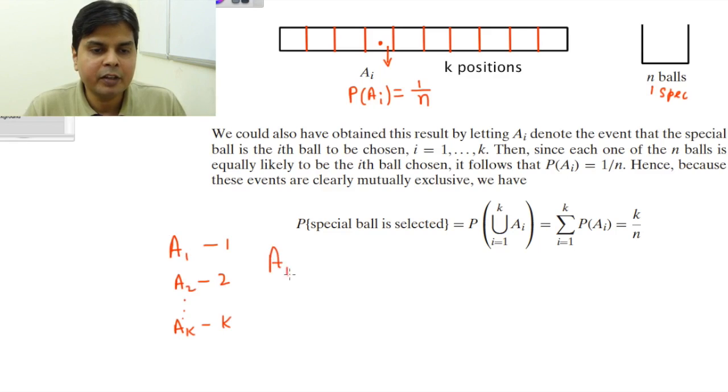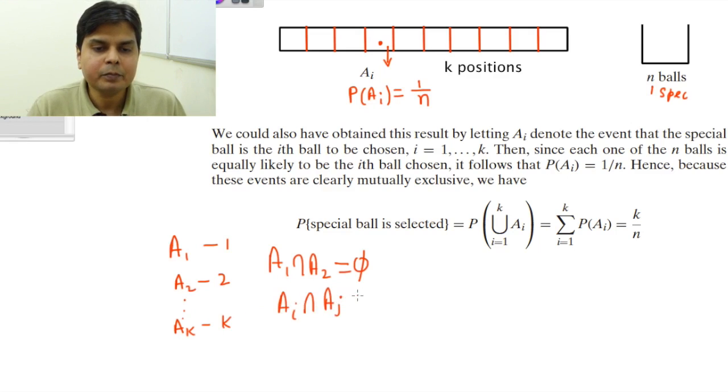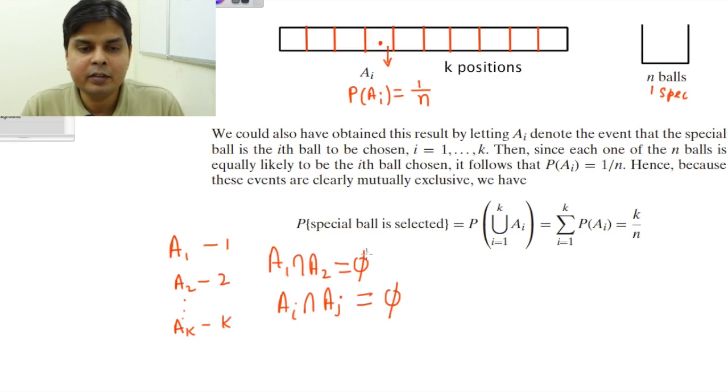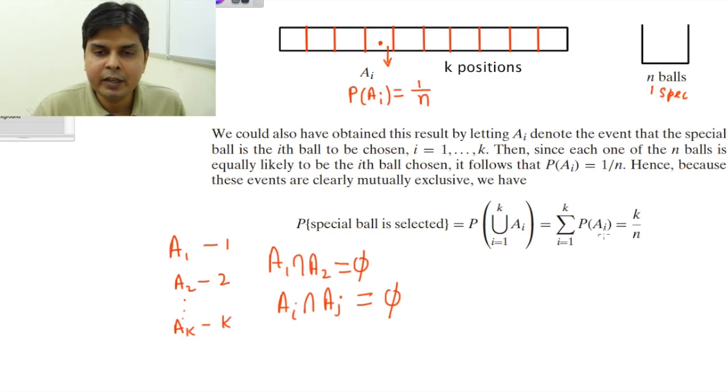So A1 intersection A2 has to be phi. Similarly for all the Ai's, any Ai intersection Aj has to be phi, because Ai means that the special ball is in the ith position. So the moment the ball is here, it cannot be anywhere else. Since these are disjoint events, the total probability will be the sum of each individual event. So the probability of the union of Ai will be the sum of the probabilities of Ai, which is equal to k by n.